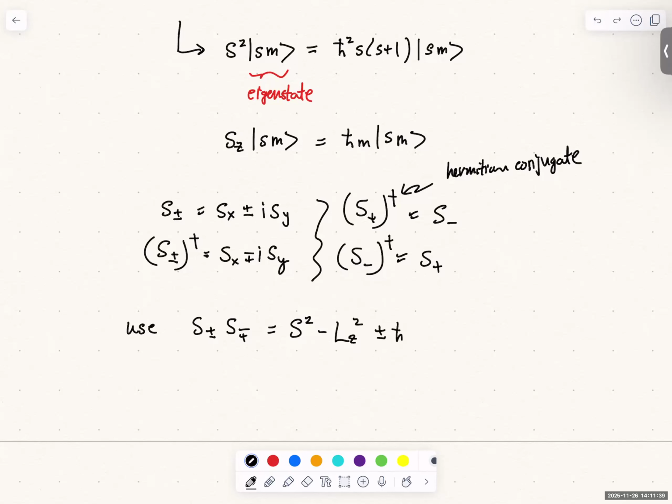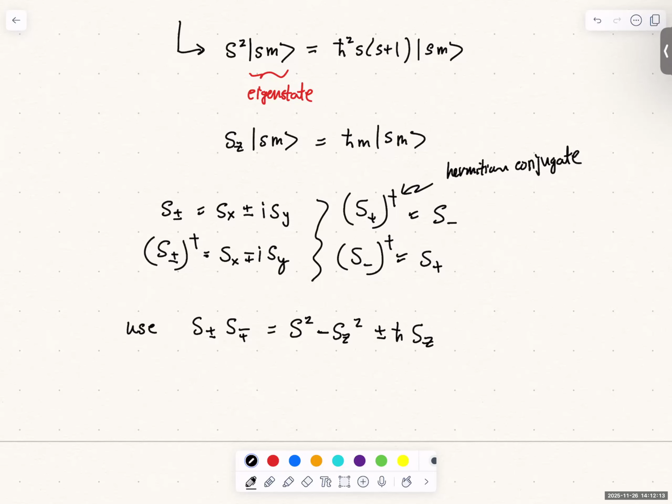This was Sz squared plus minus h bar Sz. This was similar to something we did for the harmonic oscillator, where we wrote the Hamiltonian in terms of raising and lowering operators. Here, we've written our spin operators in terms of raising and lowering operators.